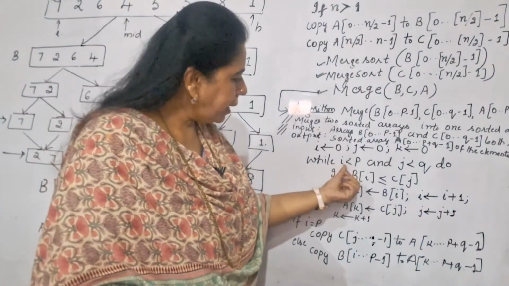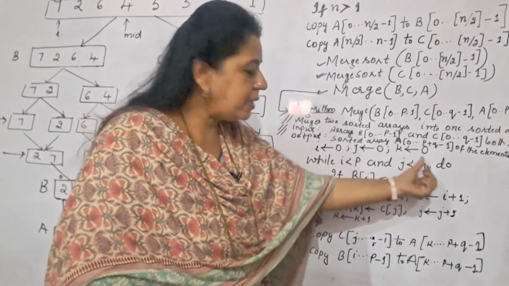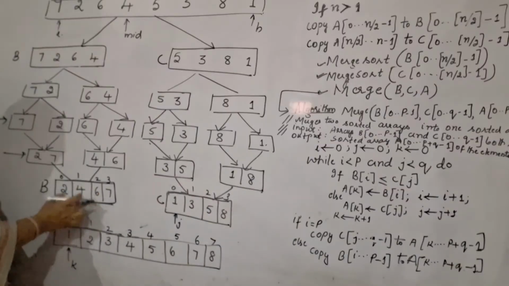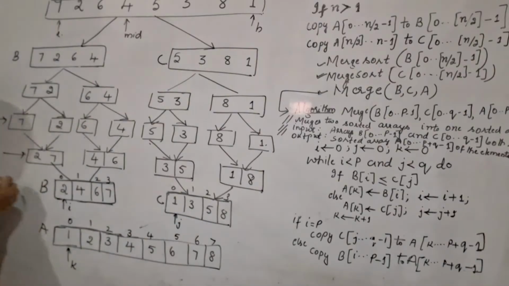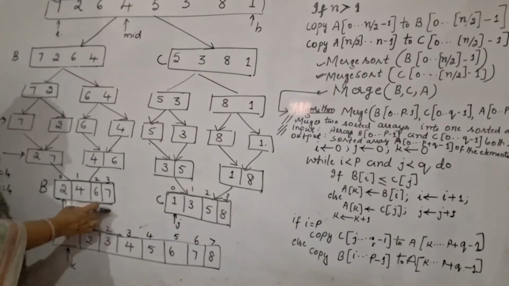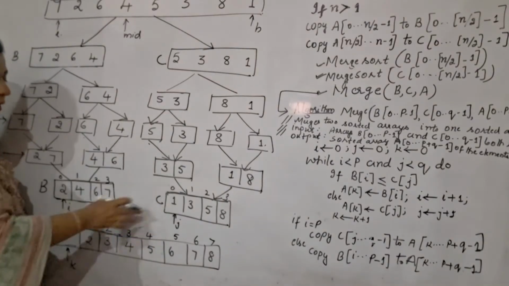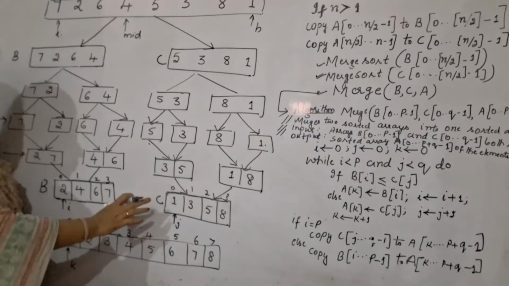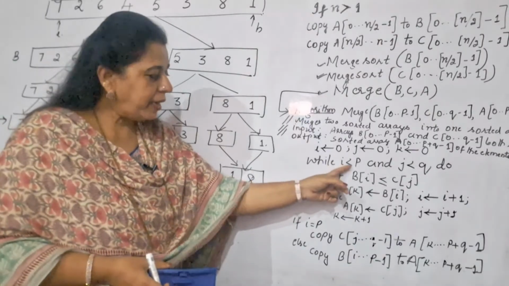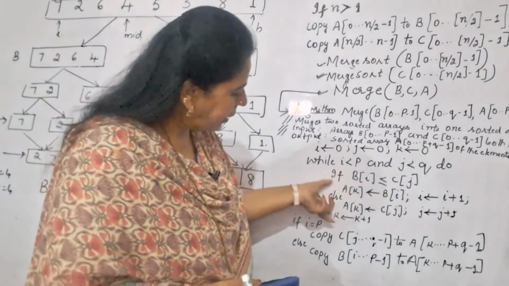So as long as I is less than P and J is less than Q, how many elements are here? 1 2 3 4, 1 2 3 4. So P is 4 and Q is 4. In our example at present we have P equal to 4 and Q equal to 4. See, it need not be that every example will have an equal number of elements in both the subarrays. As long as I less than P and J less than Q, you carry out these steps.